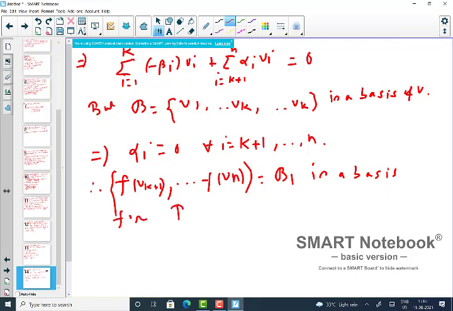Okay, image of f, done. So this proves the theorem.